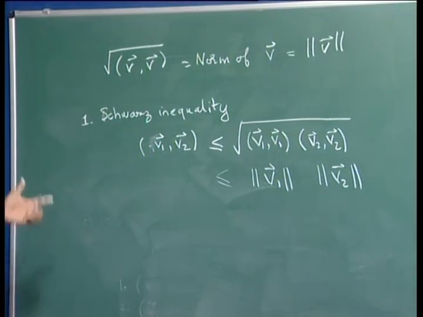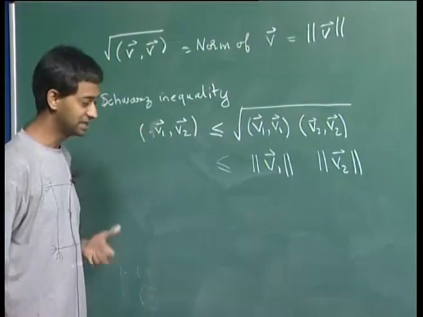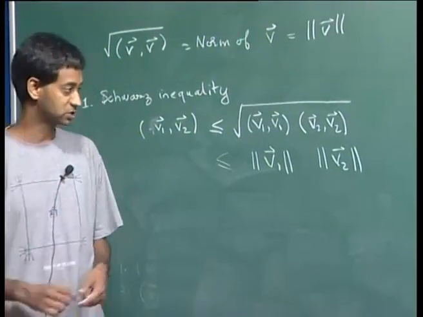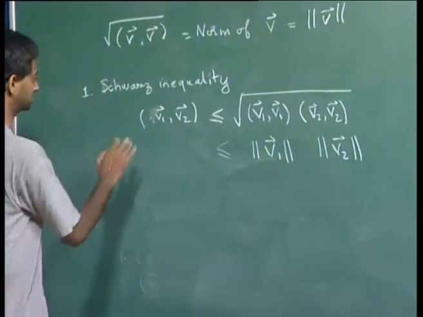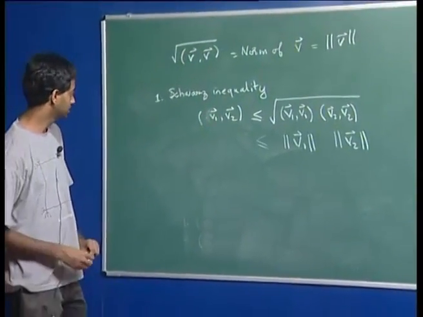So we looked at two very different looking examples of inner product, and I leave it as an exercise to you to try to show that indeed both these vector spaces satisfy the Schwarz inequality. Okay.